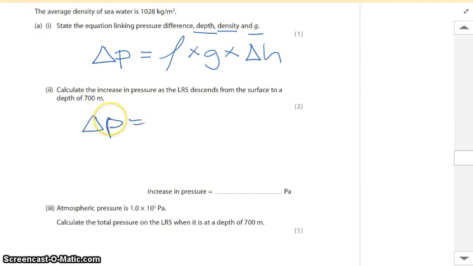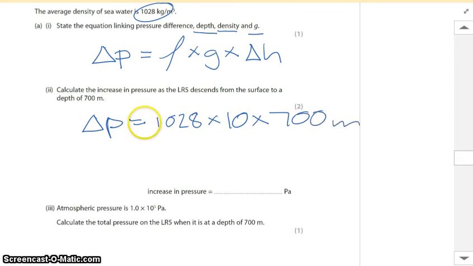So we're going to do the density, which is given in the question, times g, which is 10, which is given on the front of the exam paper, times the depth, which is 700 meters. And if we work that out on a calculator, we get 7,196,000 pascals.